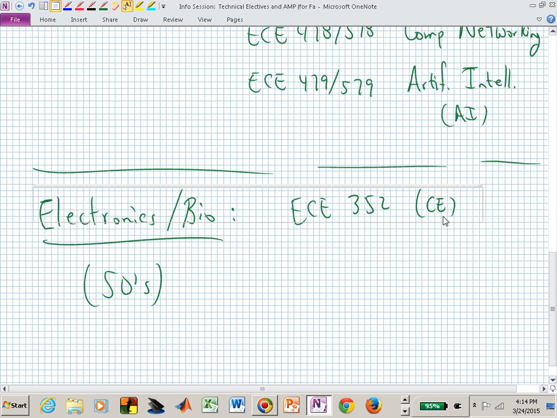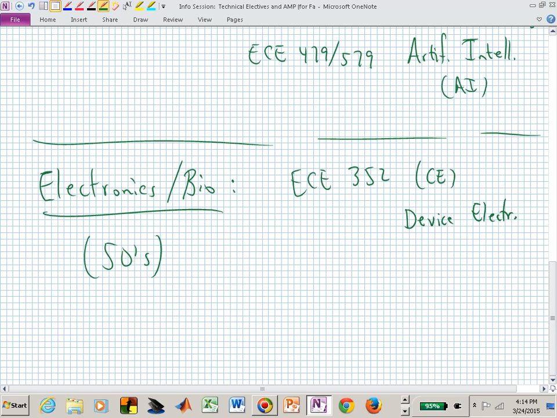This is now device electronics. What's going on at the very basic level to make these electrical devices work. That's ECE 352, and maybe you want to know that or have a better feel for that as a computer engineer. You're going to take that as an electrical engineer in terms of the option.